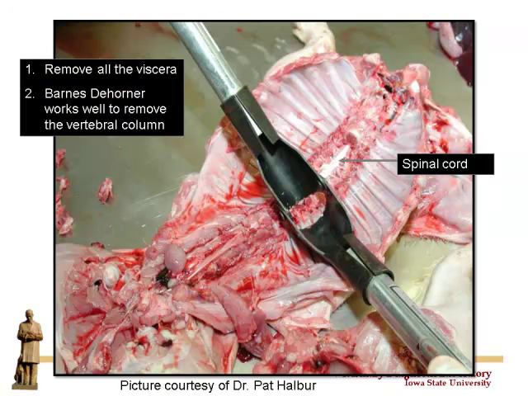So how do you submit spinal cord? Here's the deal. It's really easy. All you need is this handy-dandy tool. It's called a Barnes-DeHorner. And you can actually get the entire spinal cord in, I bet, less than 3 minutes. It's really easy. And there should be no more excuses for not submitting spinal cord when it's on the list. Just turn them upside down, take all the viscera out, and basically you're just chewing out the ventral vertebral bodies.